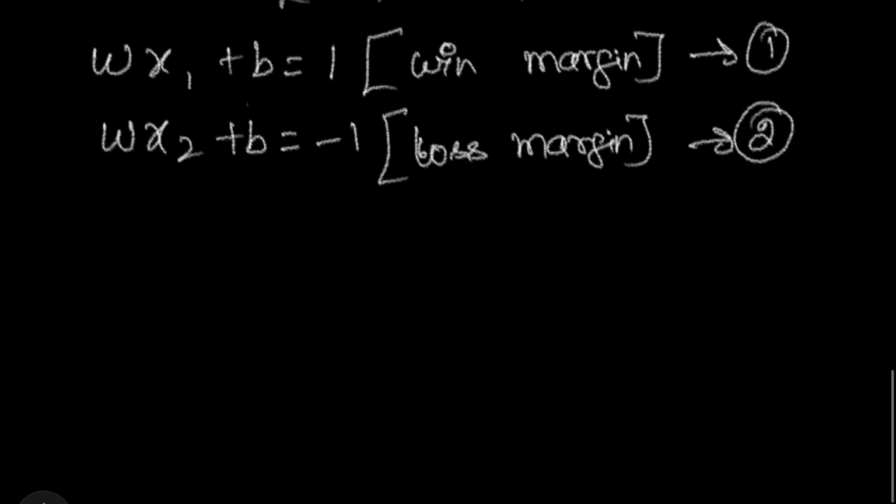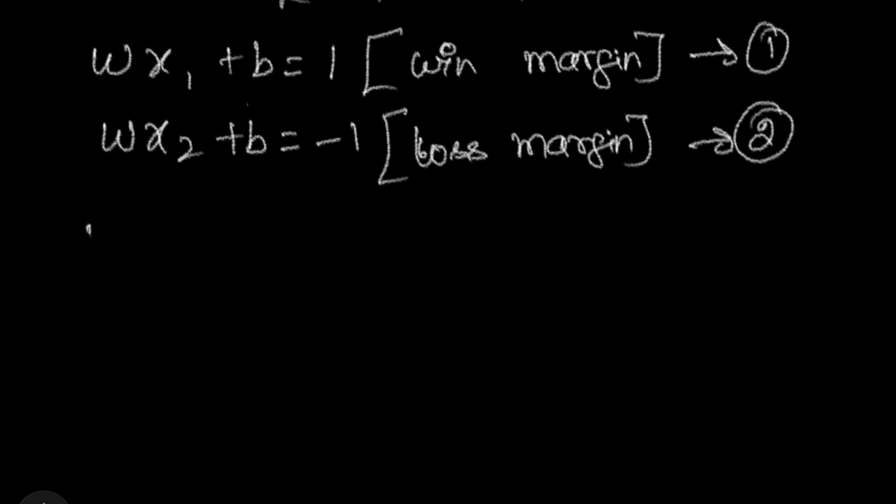Now I'm going to find the value of this B, right? And also I should find some other parameter values which help us derive the boundary equation for the given data set. Let's see how we can do that mathematically.